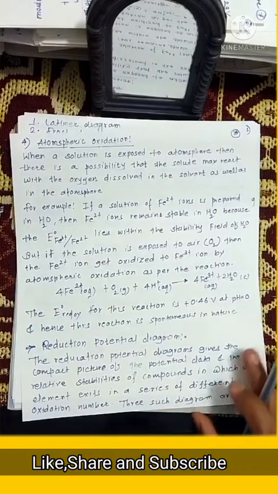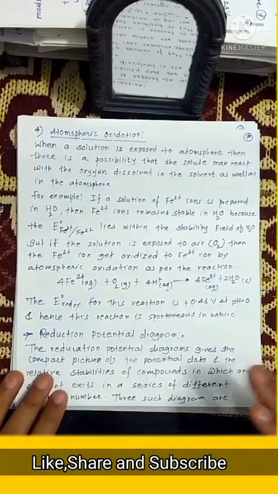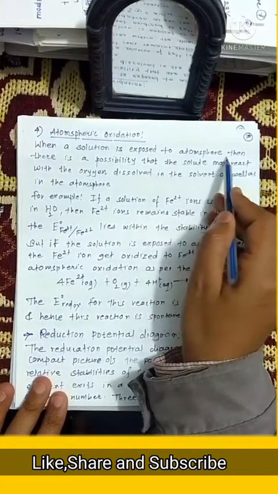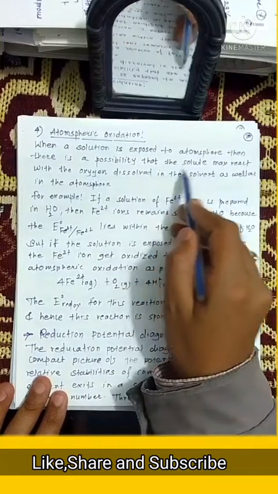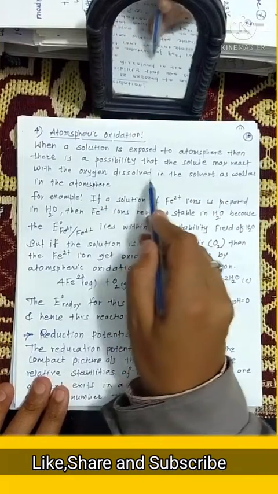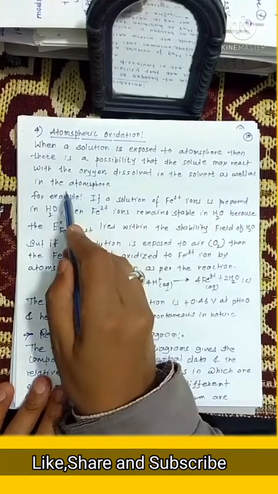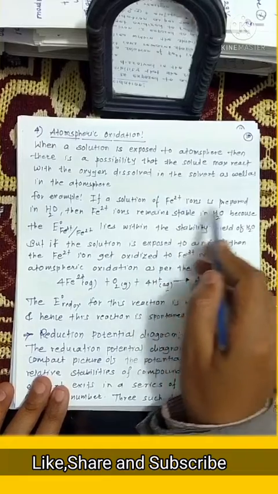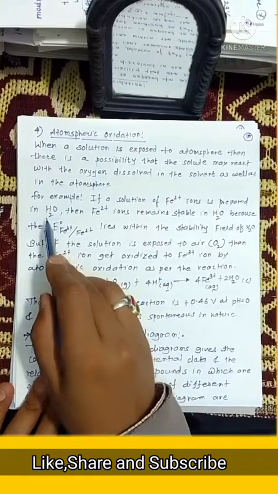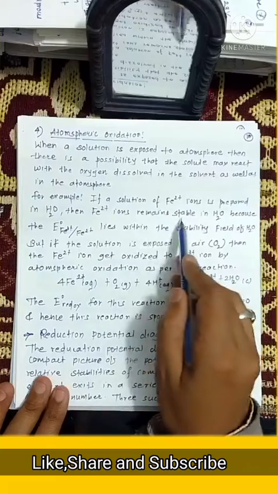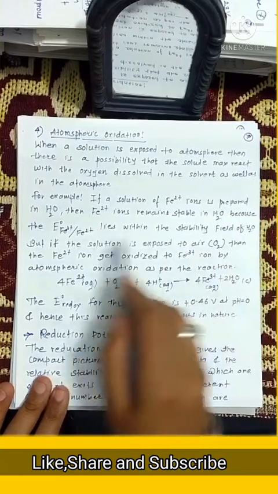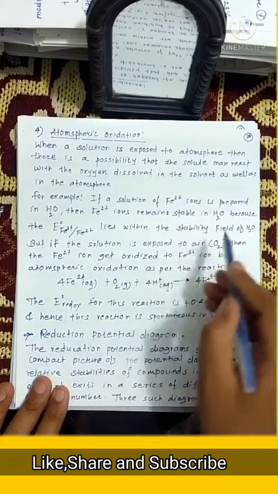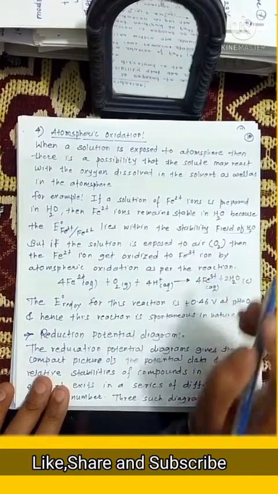Now, atmospheric oxidation. When a solution is exposed to the atmosphere, there is a possibility that the solute may react with the oxygen dissolved in the solvent as well as in the atmosphere. For example, if a Fe2+ ion solution is prepared in water, then Fe2+ ions remain stable in water because the E0 of Fe3+ to Fe2+ lies within the stability field of water.